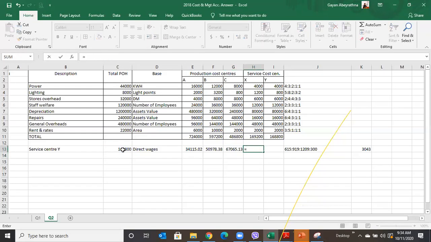Then here equals this one divided by 3,043 into 300. We are going to distribute this one here, minus 168.